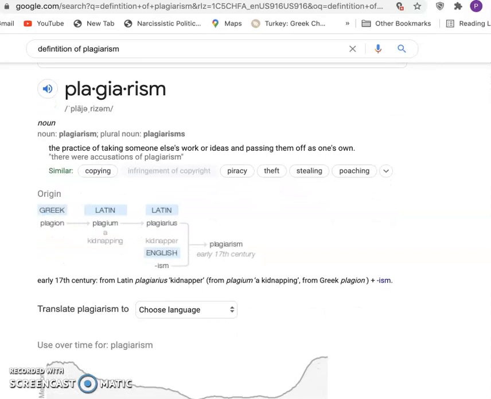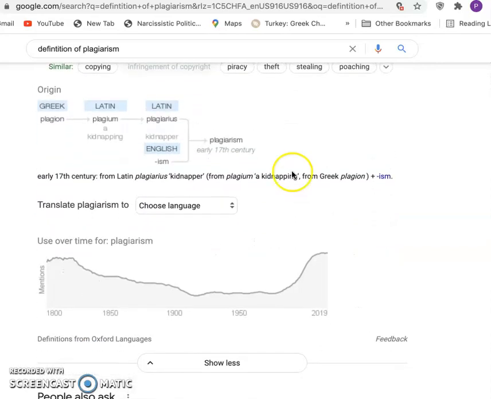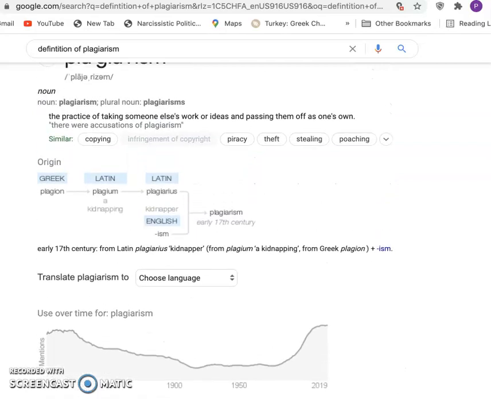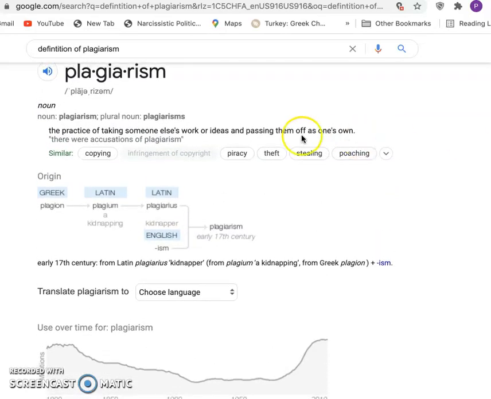The passing them off. Notice that Google credits this definition to Oxford Languages. Oxford publishes a series of dictionaries, the Oxford Dictionaries of the English Language, so Google's not plagiarizing, right? You have to cite, even if you're Google.